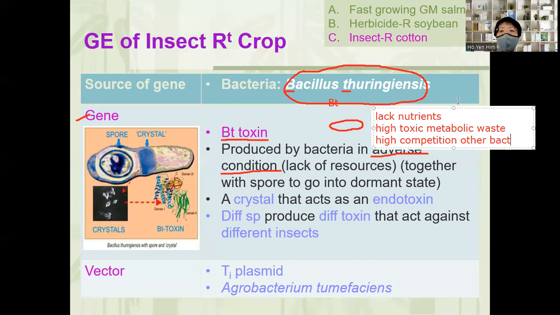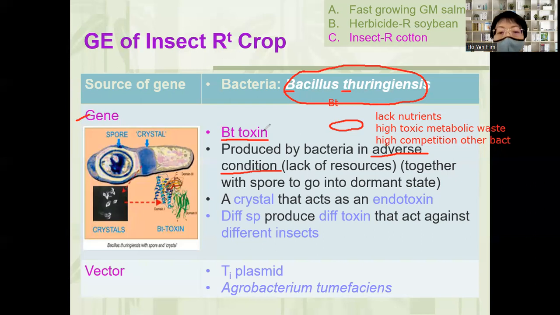In this kind of condition, it will start to produce Bt toxin, just like how bacteria produce antibiotics. In a similar kind of condition, they produce antibiotics to kill other bacteria or to stop other bacteria from growing, so that with whatever limited nutrients they have now, they can still use it to grow. So that's why this bacteria produces a toxin.